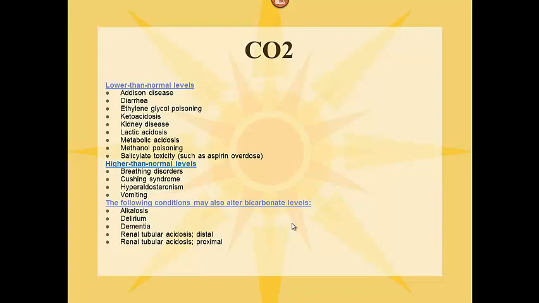In addition to that, anything that contributes to metabolic alkalosis, most likely chloride responsive due to dehydration. So vomiting, diarrhea are one of the main causes for that. In addition, Cushing, hyperaldosteronism, and other disease processes could be delirium, dementia, etc.